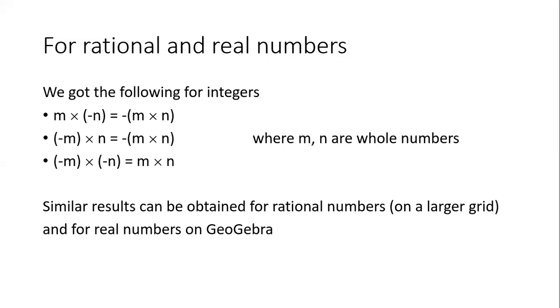Okay. So for integers, we will use M and A. For rational and real numbers, we will use A and B. That's it. Okay. For integers, these three things can also be established by extending the tables, and that is done beautifully in the NCERT textbook, class 7 integer chapters.